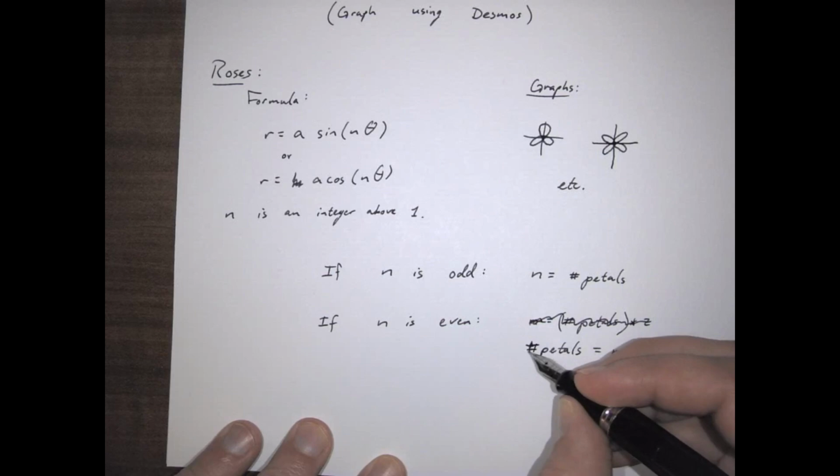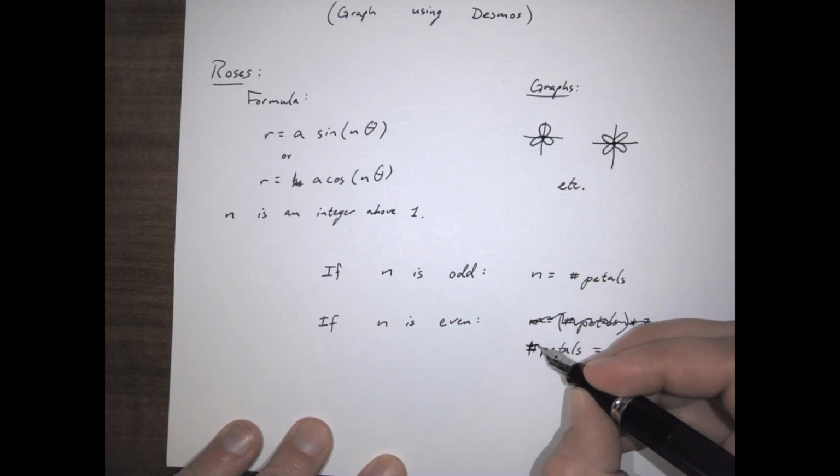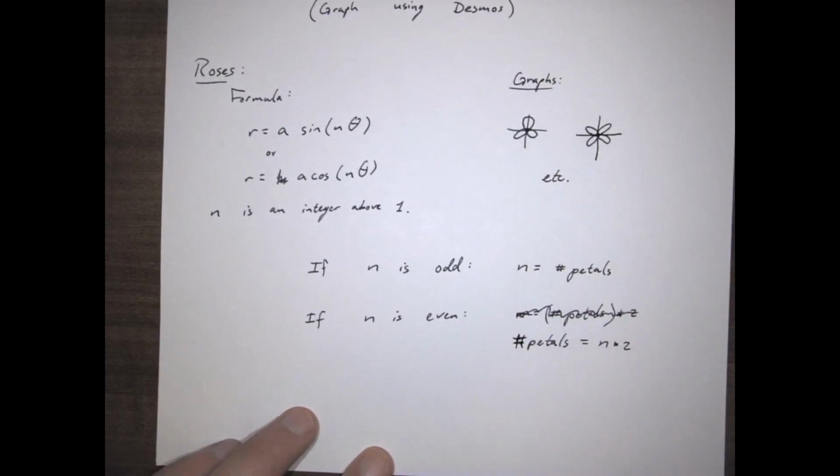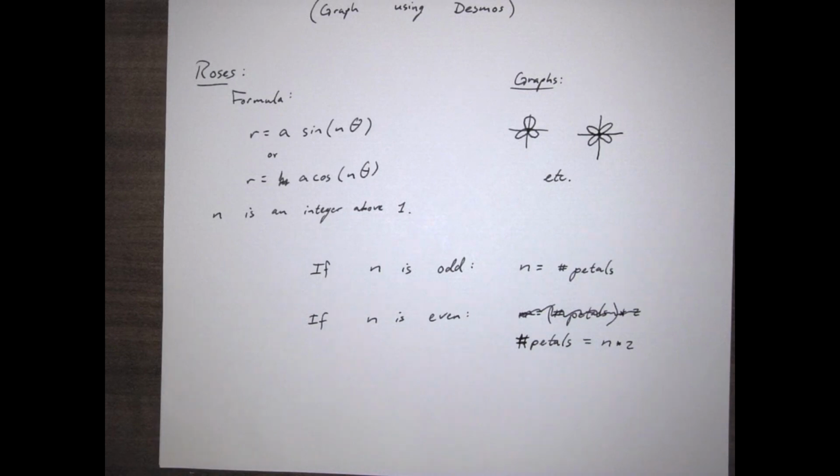So the value of n will determine how many petals there will be. If it's odd, it will be the number of petals. If it's even, then 2 times n will be the number of petals.